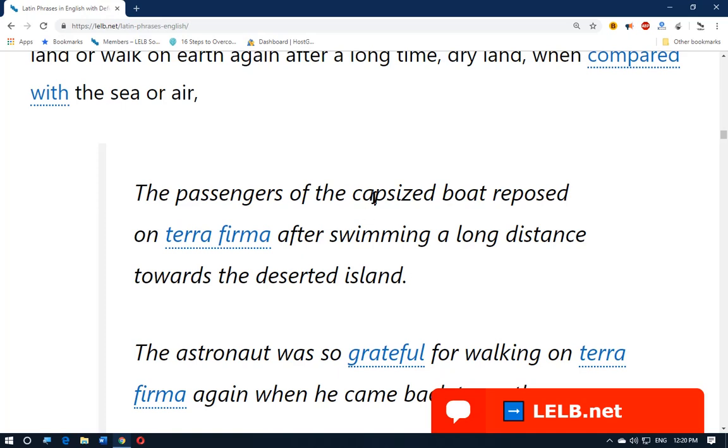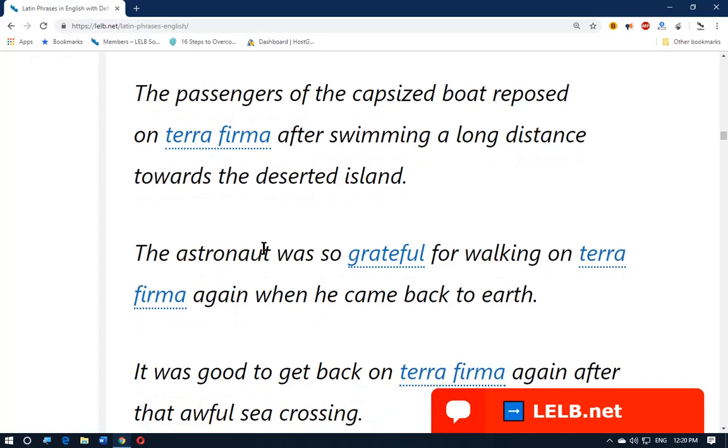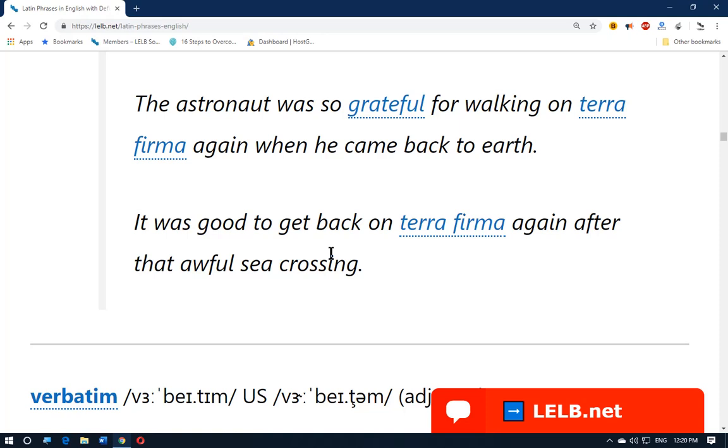So capsized means something that has been turned upside down. Deserted means actually cast away, and it is not populated. So the astronaut was so grateful, means thankful, for walking on terra firma again when he came back to Earth. It was good to get back on terra firma again after that awful sea crossing.